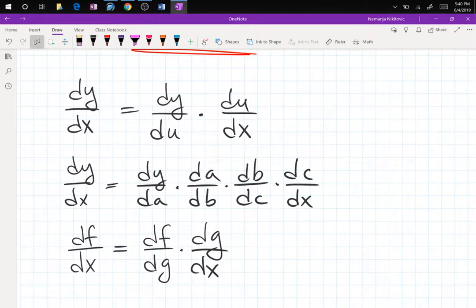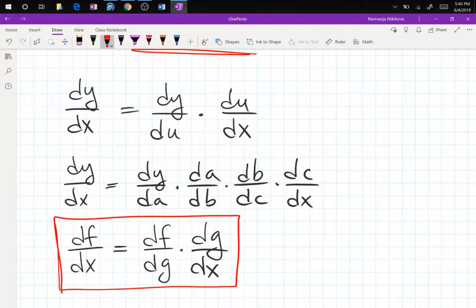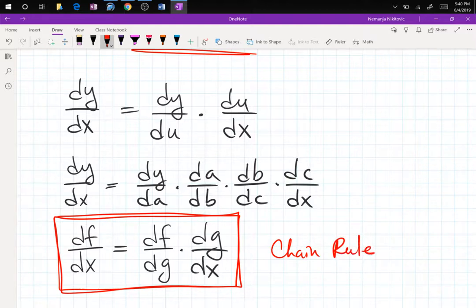Now this is actually the chain rule that we are learning today. This is one of the forms. We'll have an easier to understand form. But this is the chain rule for f of g of x.